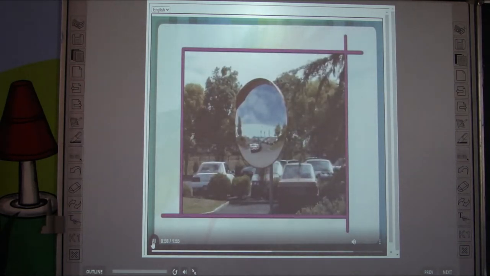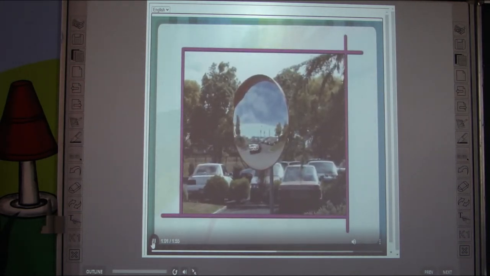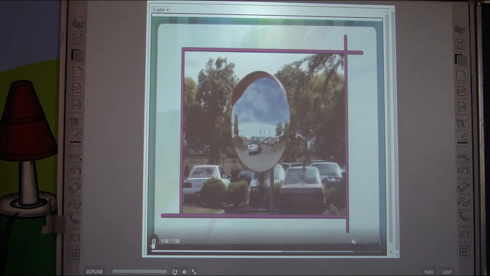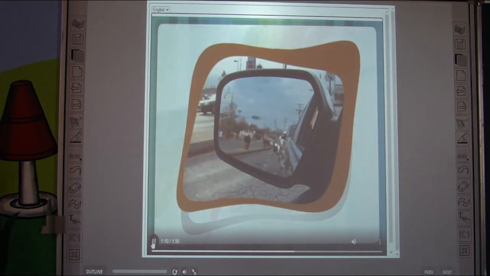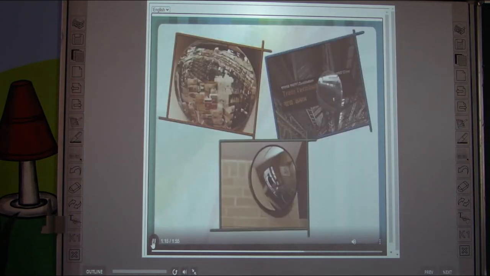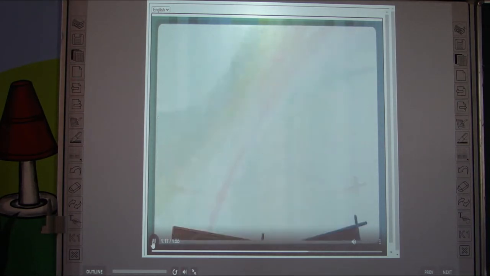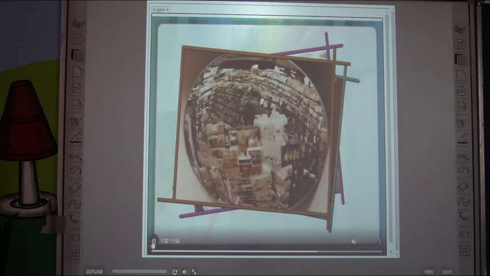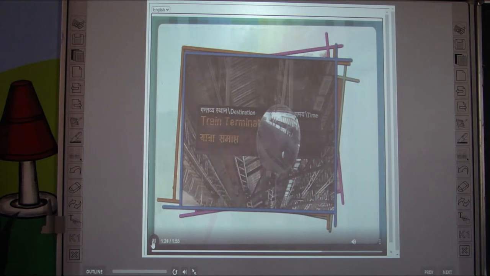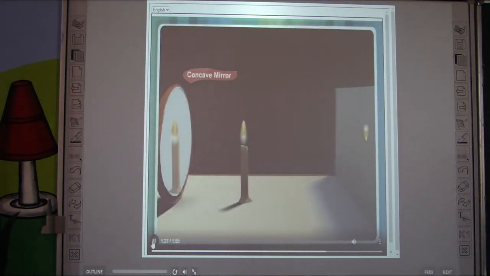In the convex mirror, the size of the image formed is smaller than the size of the object. Therefore, it is used as Because of this property, convex mirrors are also used in security mirrors, used in shops, malls, metro stations, etc. On the other hand, images formed by the concave mirror can be obtained on the screen.